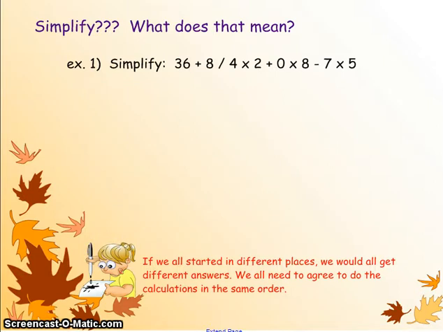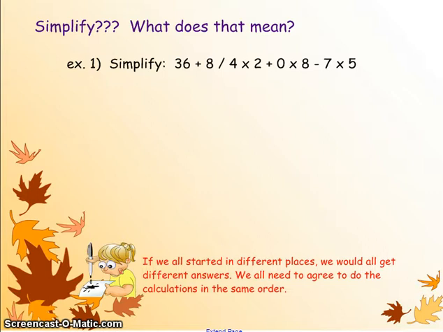So let's start thinking here. The order of operations exists because with problems like this, if we all started in different places, we would all get different answers. So we need to come to an agreement as far as how the calculations need to be done, and that's what the order of operations is all about.